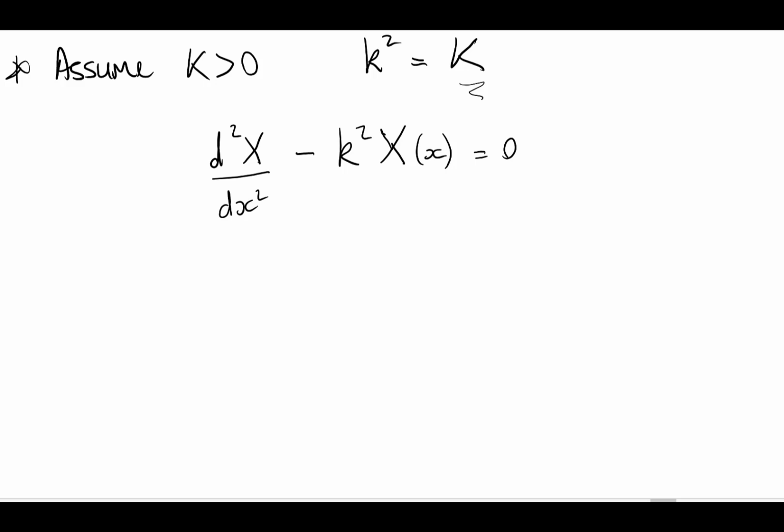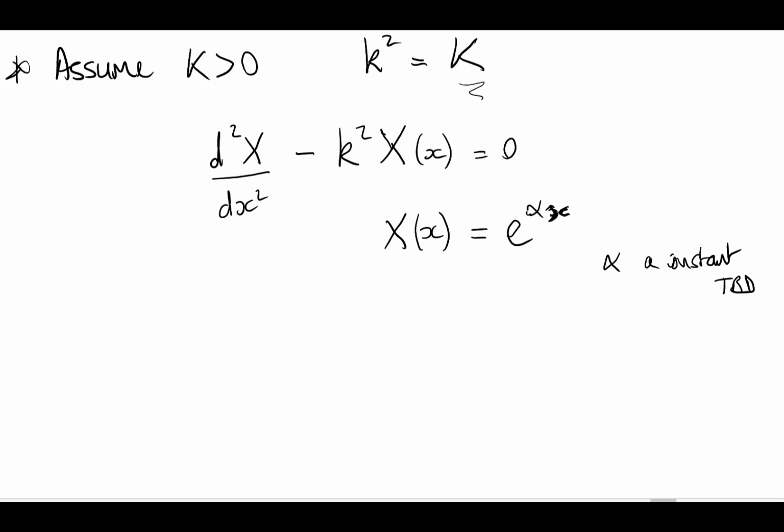So let's try that solution where X of x is equal to some exponential term. We'll call it e to the alpha x, and we're going to say alpha is a constant, and that constant is to be determined, okay?